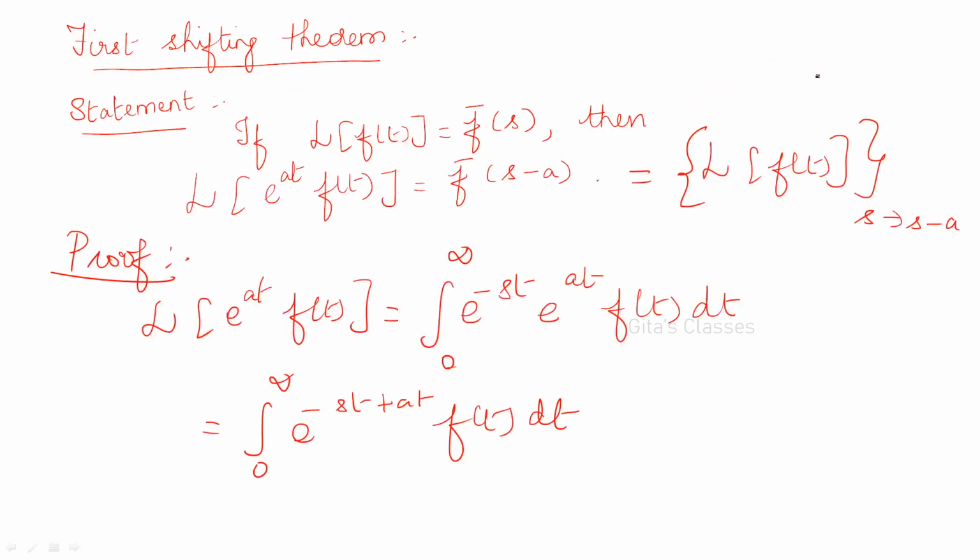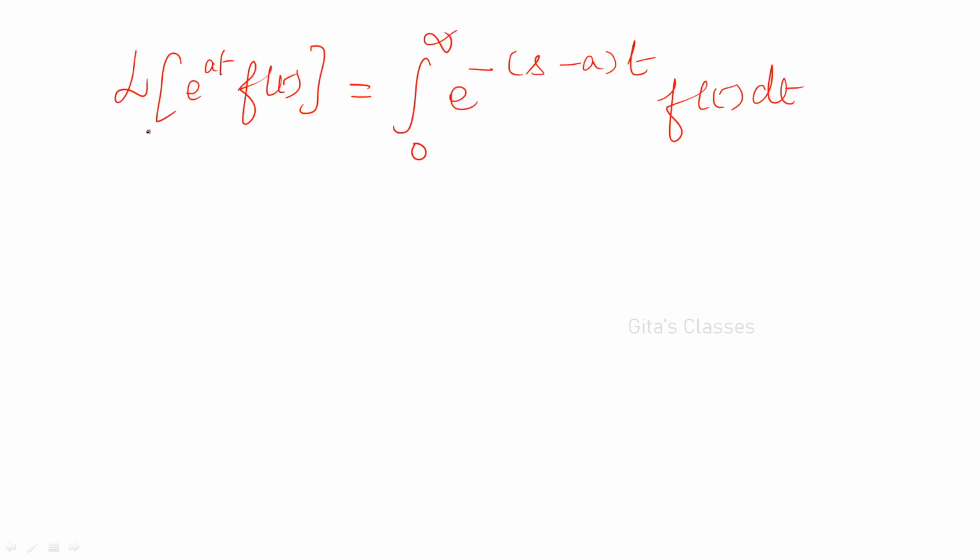E power minus st plus at, so I am taking minus outside and t also outside. So this can be directly written as f bar of s minus a, because if you have e power minus st f of t dt, it is f bar of s. So if you have e power minus s minus a in the place of s, you can write it as f bar of s minus a, or you can substitute s minus a is equal to another variable x.